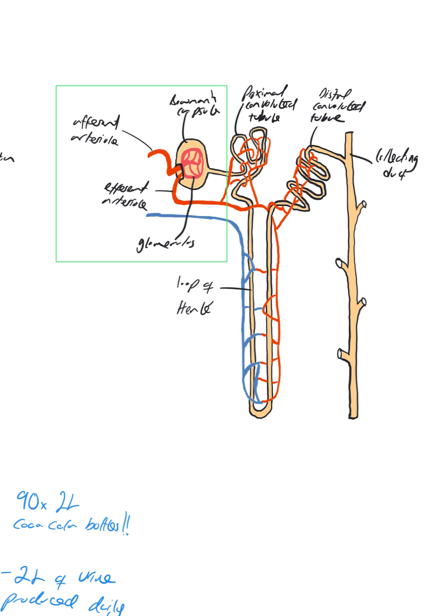Any remaining water at this point can be reabsorbed if antidiuretic hormone is present, which opens pores in the collecting duct and allows that water to leave via osmosis into the adjacent capillaries. Otherwise, it's going to go down and for the first time enter the pelvis. At this point, that filtrate is now becoming urine, which is going to leave the body as it enters the bladder and then out via the urethra.